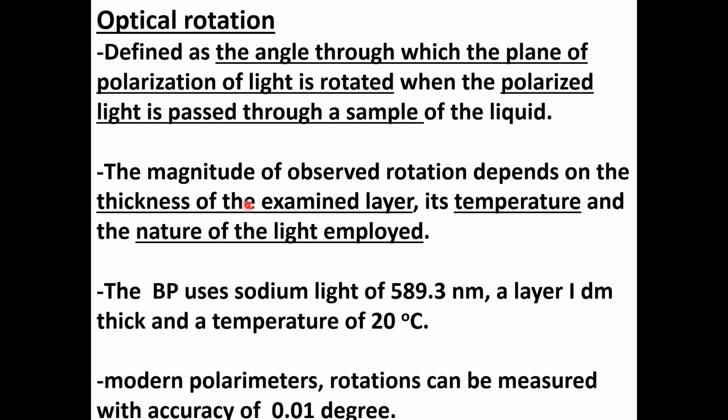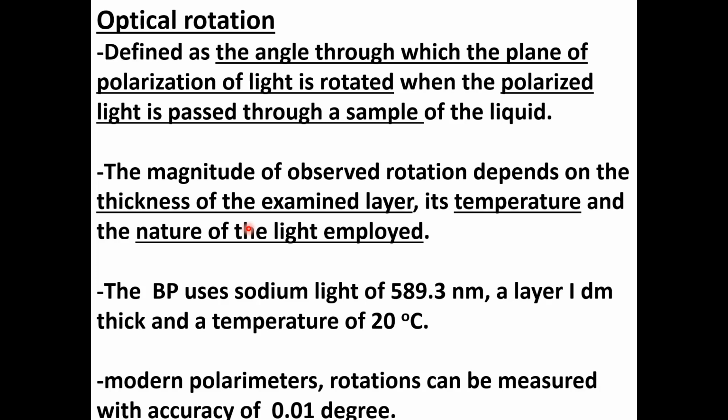The magnitude of the optical rotation depends on the thickness of the examined layer, on the temperature, and also on the wavelength or the nature of the light employed. Usually, it is measured using sodium D-line or sodium light at 589 nanometers at 20 degrees centigrade.